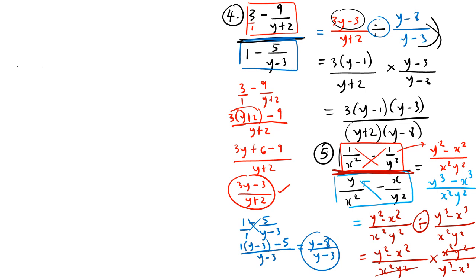From here, I'm going to move whatever I have to the other side so that we can all do it together. So we have y squared minus x squared divided by y to the third minus x to the third. This is what I am getting, right? If you want, there are ways you can reverse this.